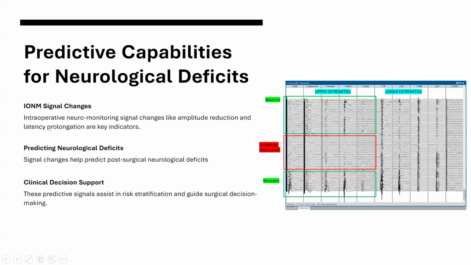So, for example, when you're looking at this screen here, and I appreciate that probably everybody on here doesn't know what they're looking at, just to make it really simple, this black line going straight down is a hand motor potential. And these are what they look like. Where I boxed it out in red, there's a significant decrease in the amplitude to the point where it goes away at one point, and then it returns.